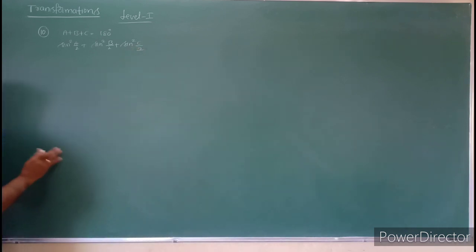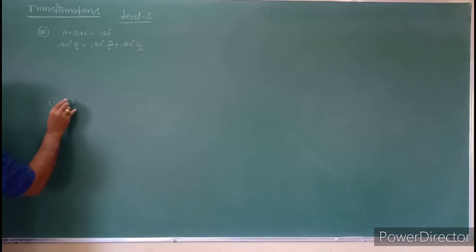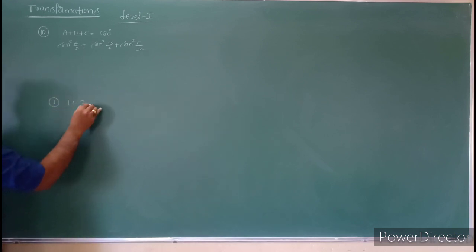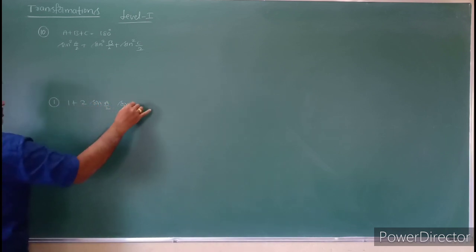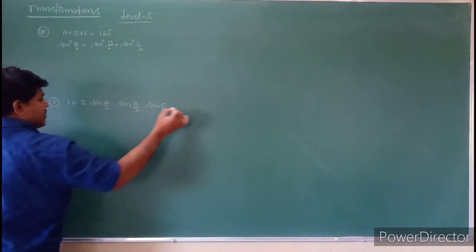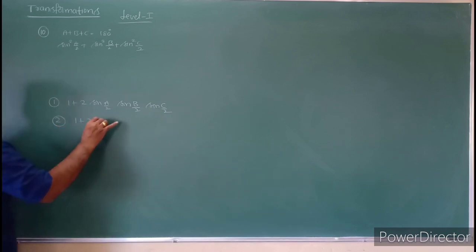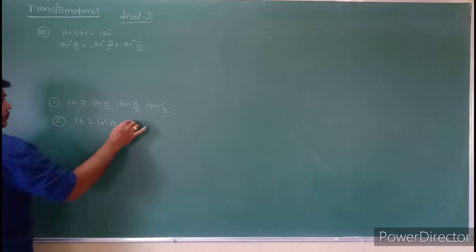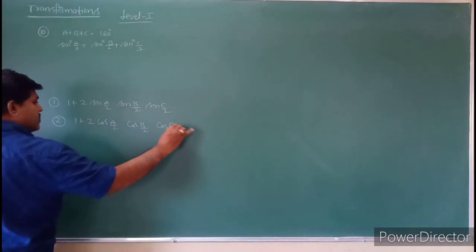So what are the options? I will verify the options, students. The first option is 1 plus 2 sine A by 2 sine B by 2 sine C by 2, and the second option is 1 plus 2 into cos A by 2 cos B by 2 cos C by 2.